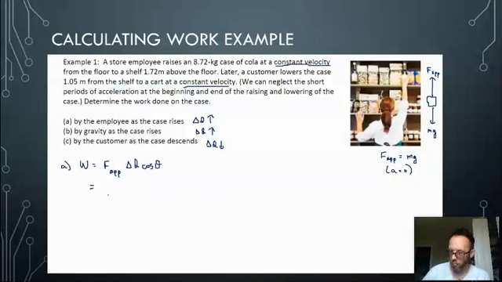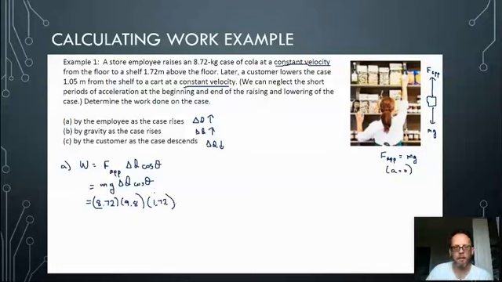And the applied force is just, as we talked about, equal to mg. And we know all these things. The case is 8.72 kilograms, g is 9.8, and the displacement from floor to shelf is 1.72 meters.